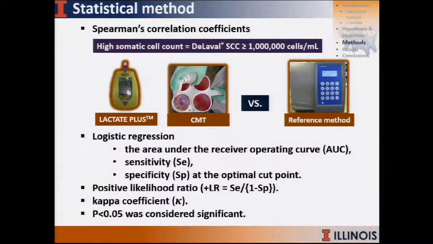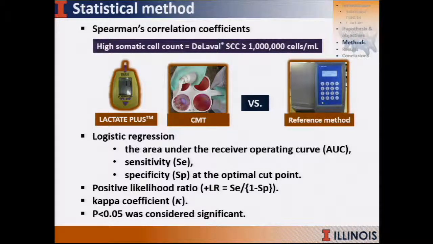To characterize the relationship between the Lactate Plus handheld meter and CMT, compared to the DeLaval as a reference method, we used logistic regression. We built a ROC curve for each logistic regression model, and we calculated the area under the curve for each ROC curve.